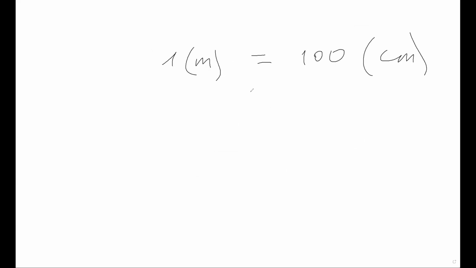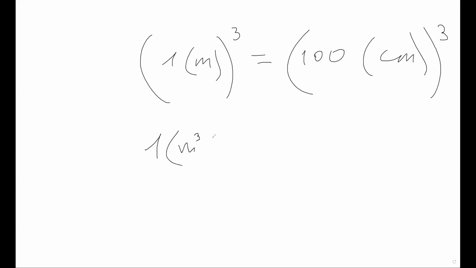And then we got cubes. Remember, for cubes, you have to cube the whole thing on the left and the whole thing on the right. And cubing the 1 is still the 1. And cubing the meter gives you what you want. You want the meter cubed, you got it. But cubing stuff on the other side means you have to cube the 100. And it's 100 times 100 times 100, and it means 1, 2, 3, 4, 5, 6 zeros.